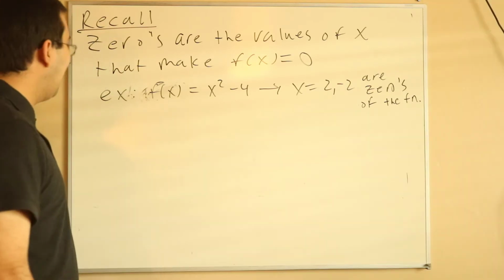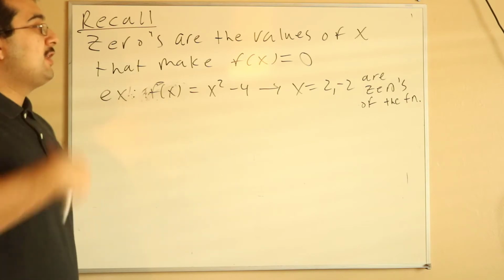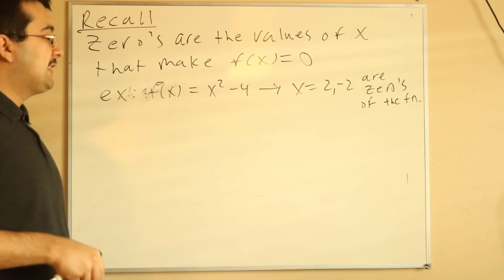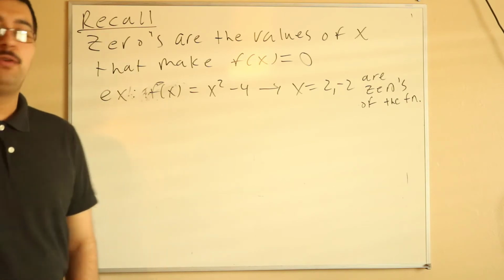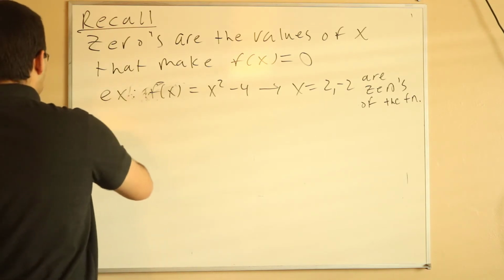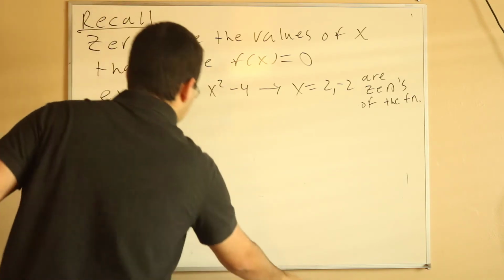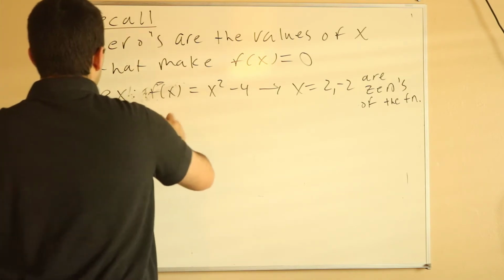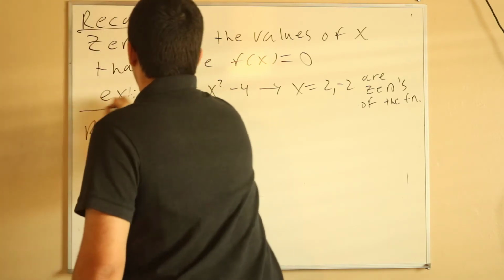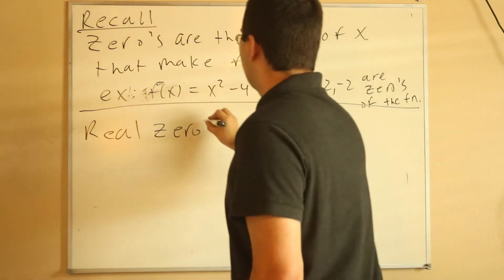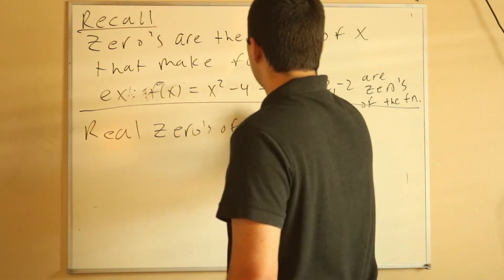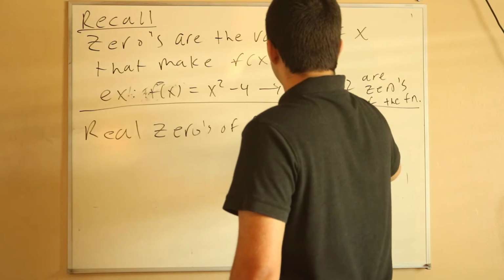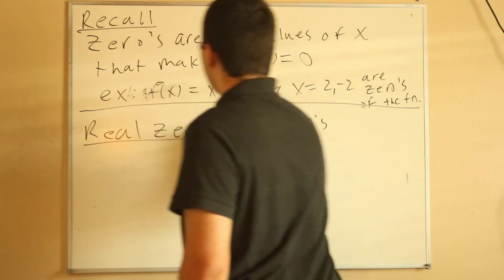Now then, there are some statements we can make about the zeros of polynomial functions. So when it comes, just to be nitpicky, to the real zeros of polynomial functions, we can make these statements about those.